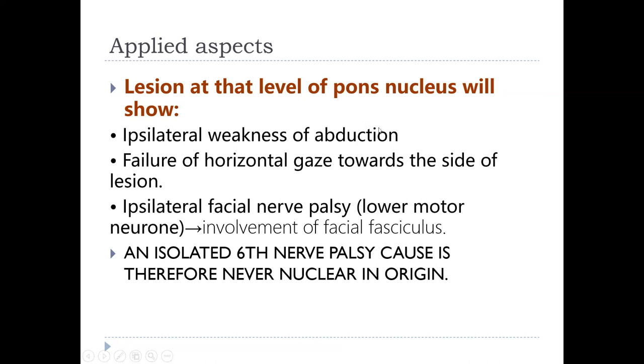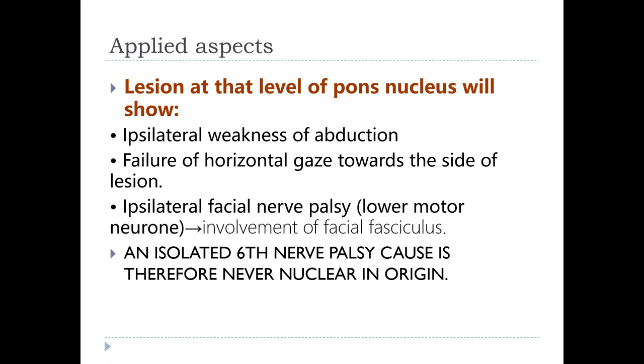Okay, so since the nucleus is lying in the pons, if you have a pontine lesion, you will see abducens nerve affected, you will see facial nerve affected. So we cannot simply say that abducens nerve sign is purely with regard to the abducent nucleus.